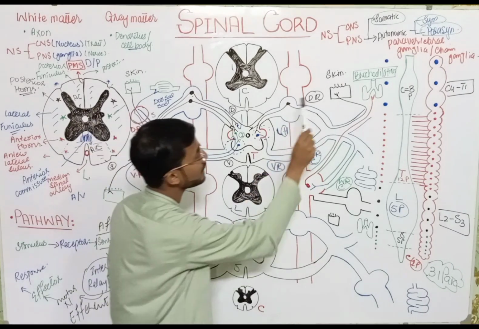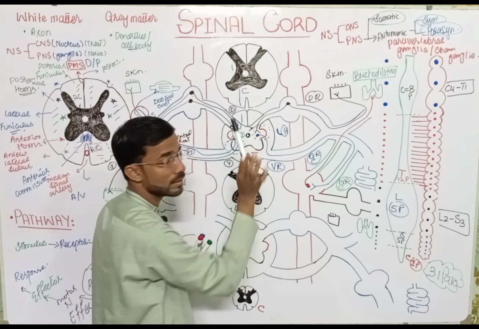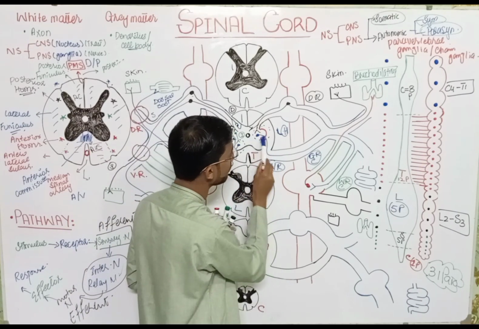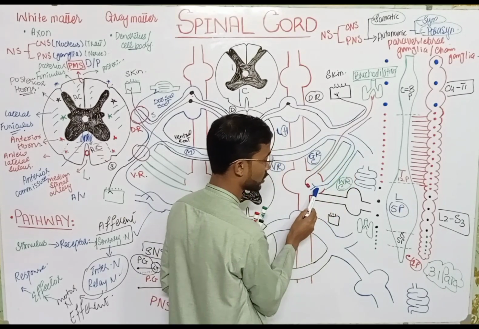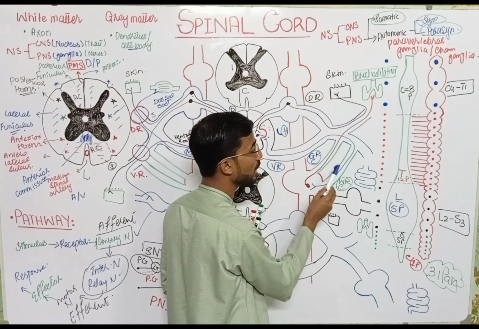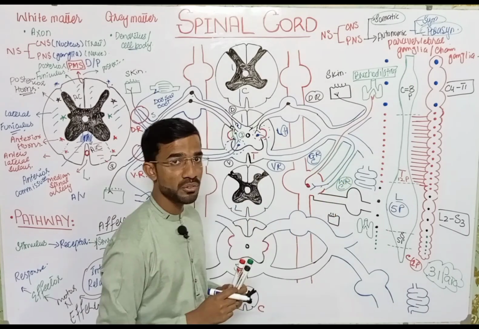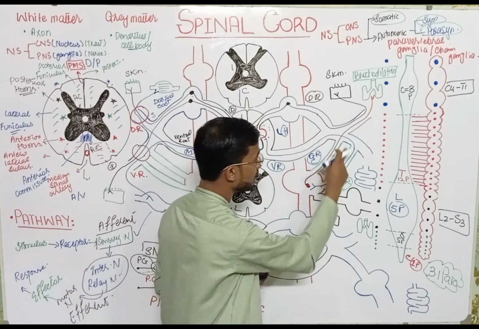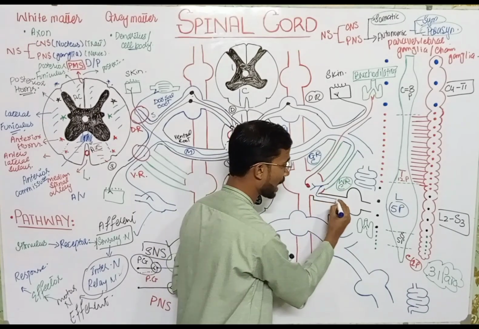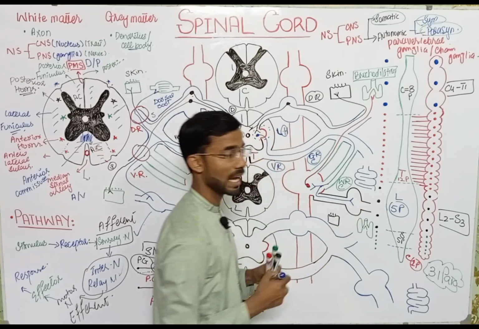Keep in mind that the sensory neuron will remain the same. If you see here, this preganglionic neuron passes through the white rami communicans, and its fibers move through another alternative pathway to another ganglia.